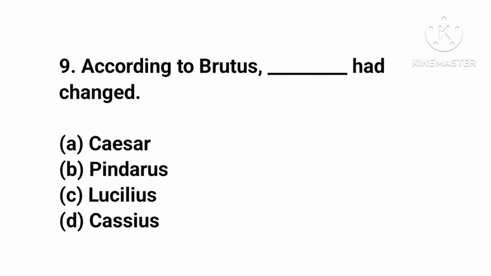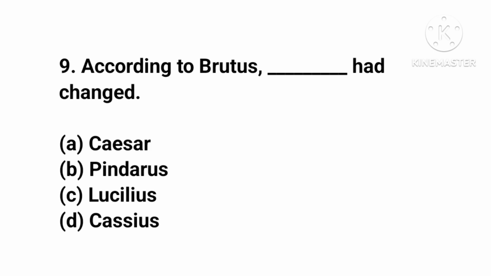Number 9. According to Brutus, dash had changed. Option A, Caesar. Option B, Pindorus. Option C, Lucilius. Or option D, Cassius. So someone had changed in his emotions, and Brutus had seen that change.